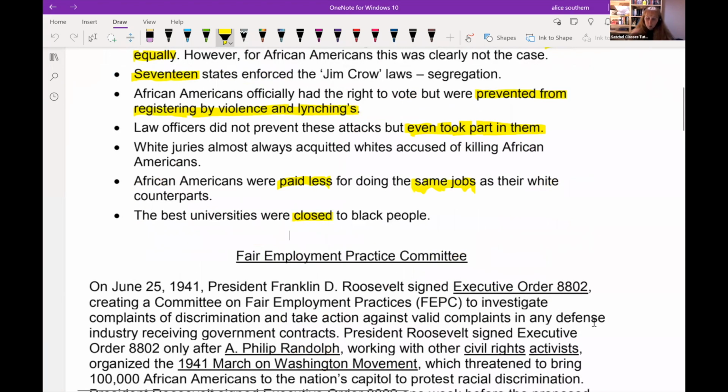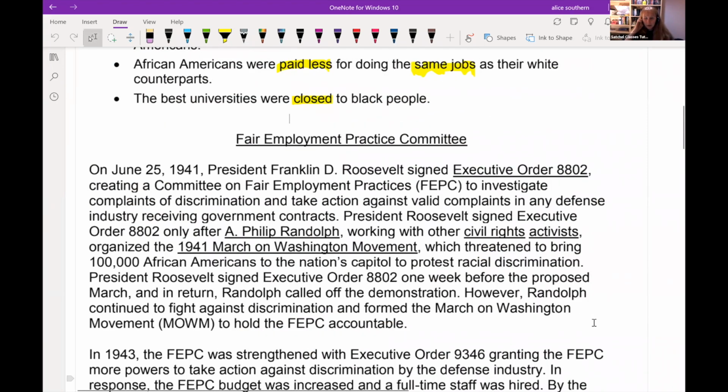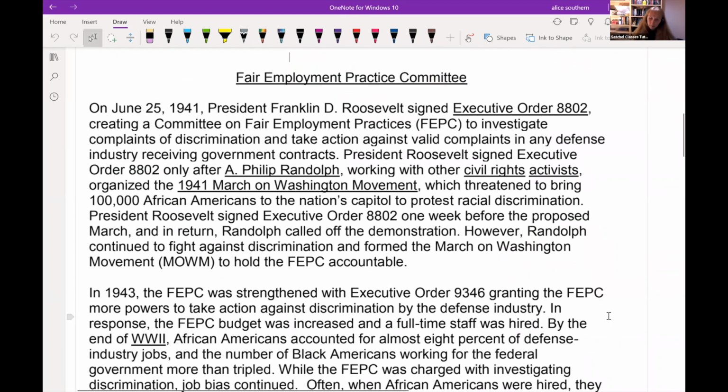So we're going to have a look at two different bodies here, the Fair Employment Practice Committee and then CORE, and what part they played in setting up the civil rights movement, allowing it to thrive and to grow as it does. So the Fair Employment Practice Committee is there to investigate claims of discrimination.